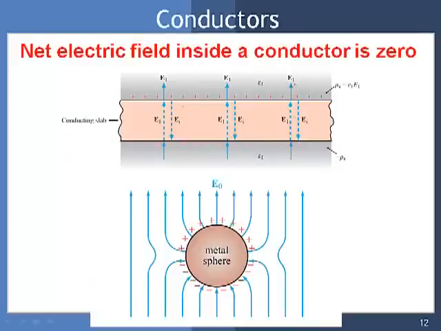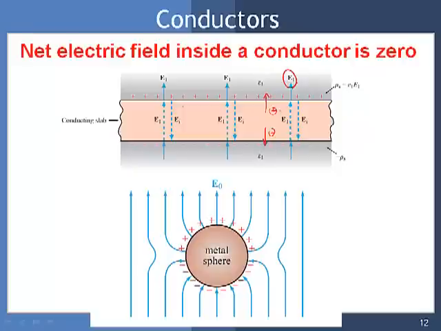If you try to establish an external field E1 in this figure, this external field tends to push charges around inside the conductor. In this case, positive charges would flow towards the top surface and negative charges would flow towards the bottom surface.